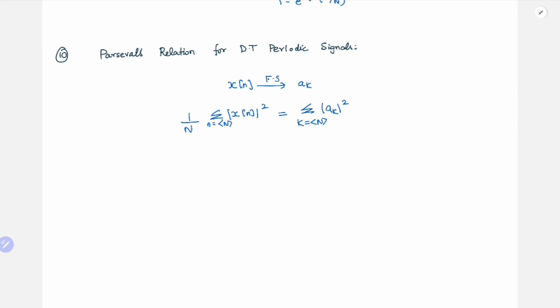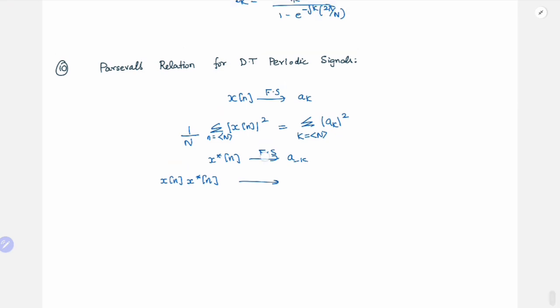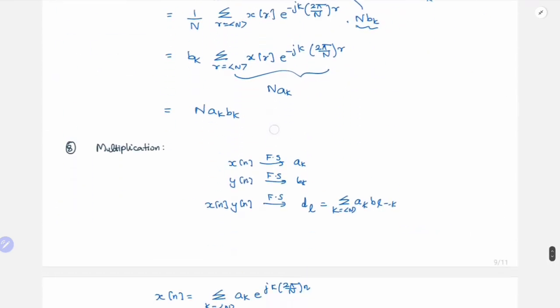So let us look at the derivation. We need to get something of |x of n|^2. So we first consider this multiplication. x star of n, the conjugate of x of n, what is the Fourier series? The same with minus k, right? For multiplication, we already have the property.